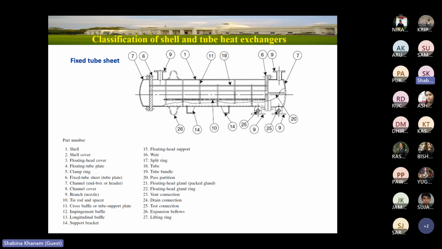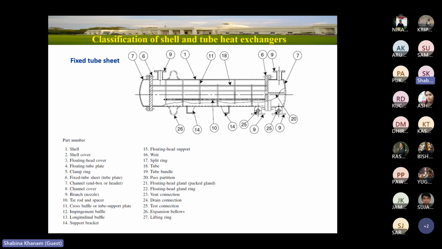But because it is permanently fixed with the shell, that expansion is not possible to accommodate over here. If we consider high temperature, the tube will bend but it will not expand. Because of more temperature, bending may occur but not the expansion. I hope you are getting my point.